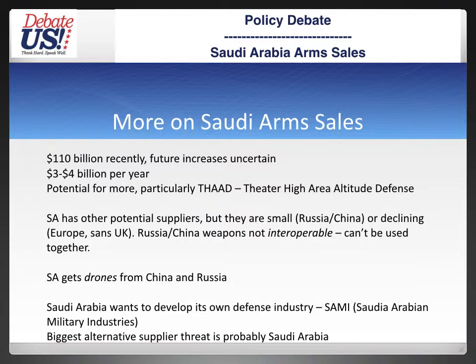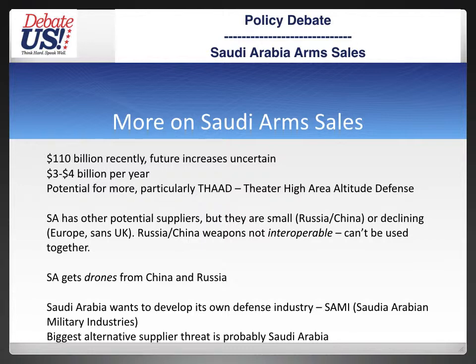So these are very modern weapon systems, very high tech, very sophisticated, very dependent on technology, and because of that, these weapon systems are not very interoperable. So most people say at the very least it would take Saudi Arabia a considerable period of time to update and completely change its weapon systems.